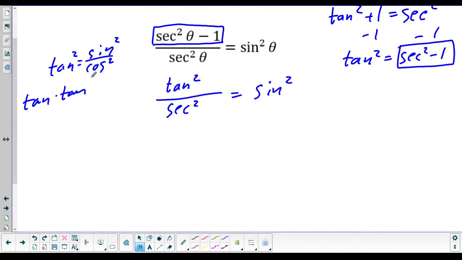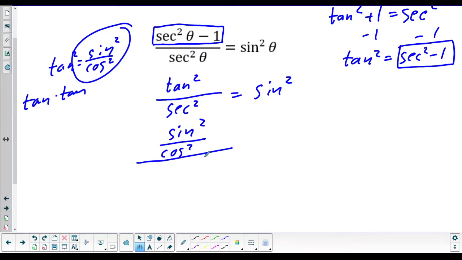So it's just sine over cosine times sine over cosine, right? Okay. So I'm going to turn this into this. All right. So we're going to have sine squared over cosine squared over secant squared. Okay. Equals sine squared.